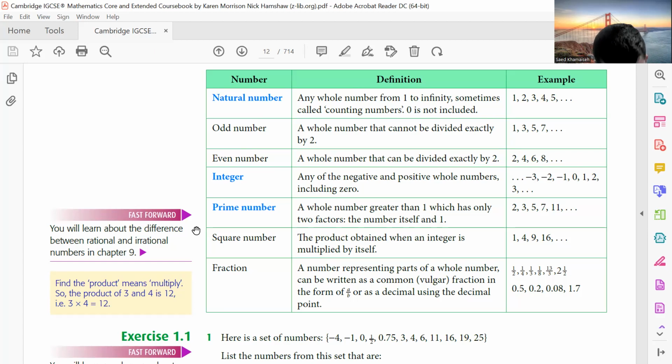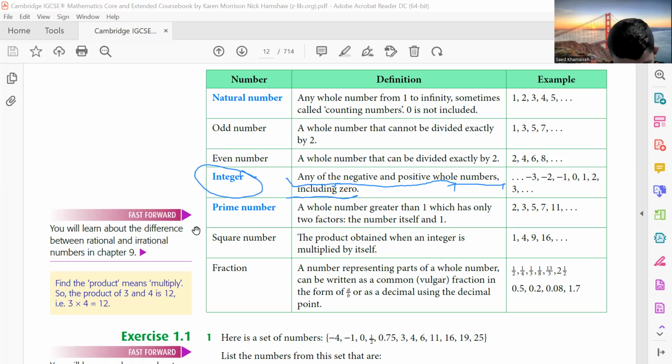Okay? Firstly, for all, we will go with integers. After that, you go with natural numbers. Integers mean any of the negative or positive whole numbers, including zero.